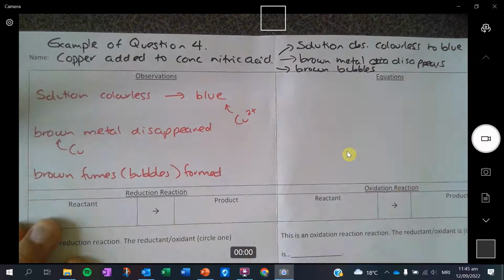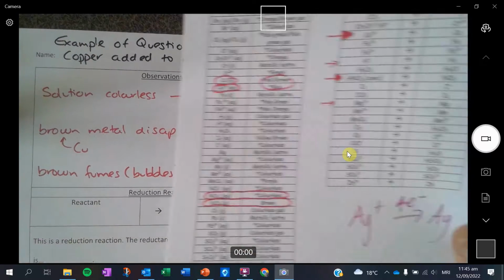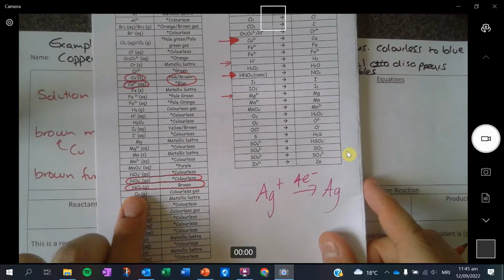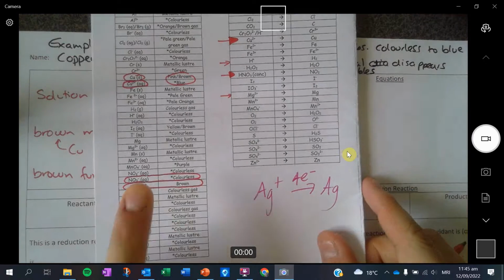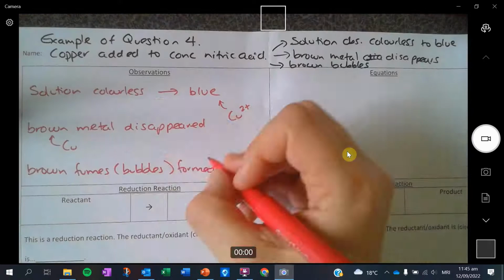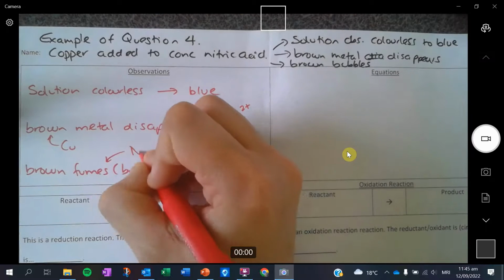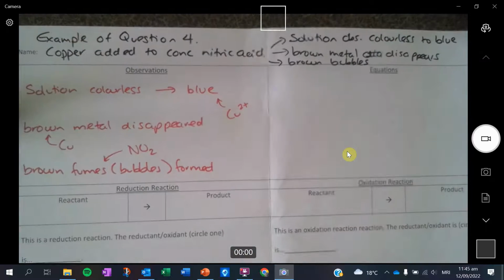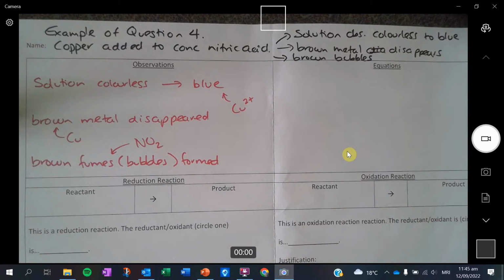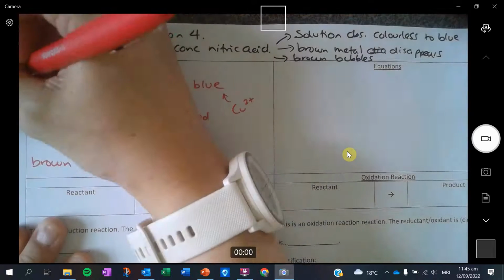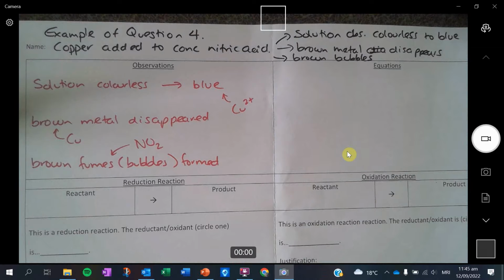What was that? If I look at my list over here, my brown gas was nitrogen dioxide. So you see how I'm figuring out what everything is? Now, if it's in red, that's what we need for the achieved. Are we good so far?